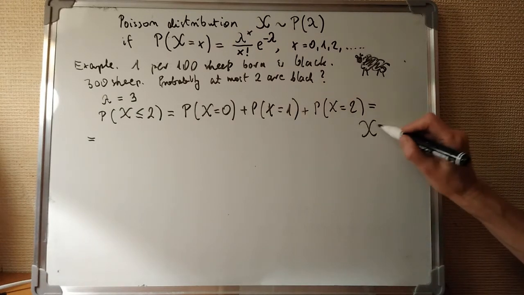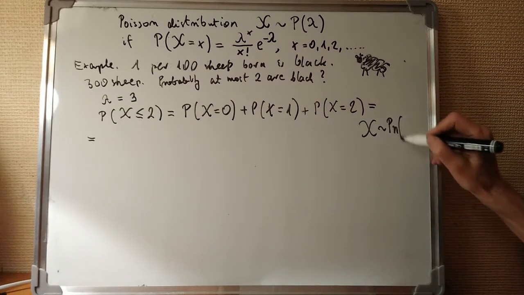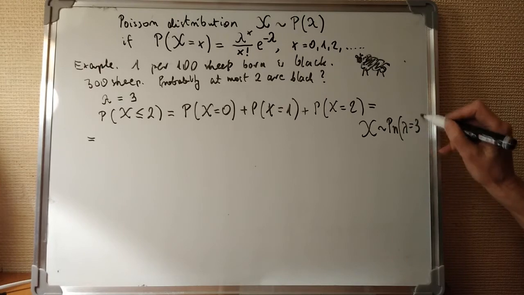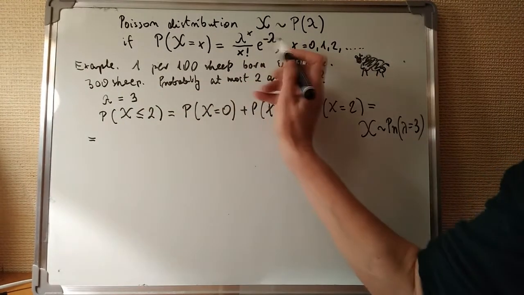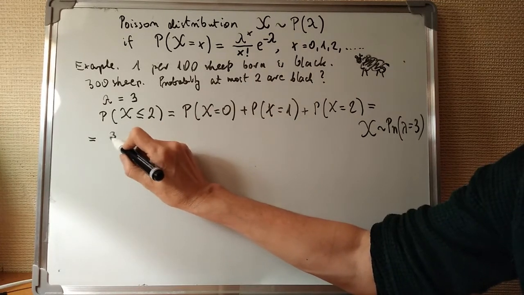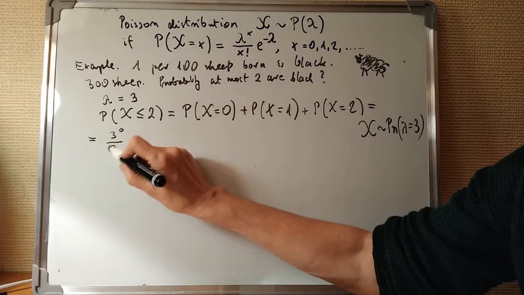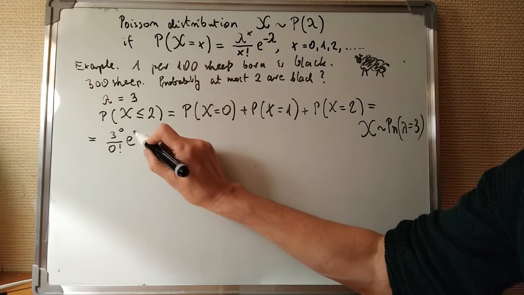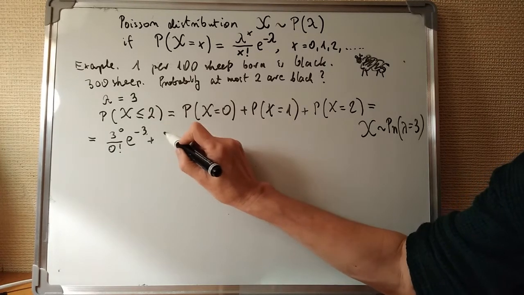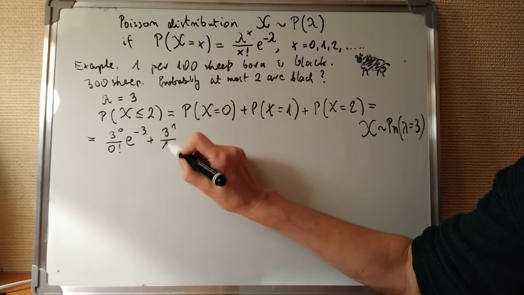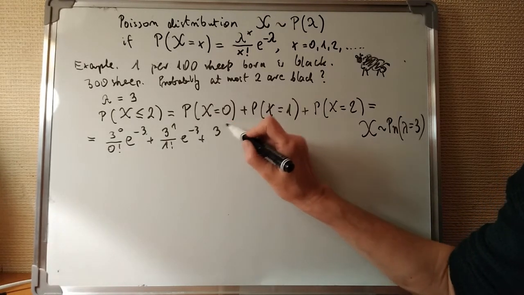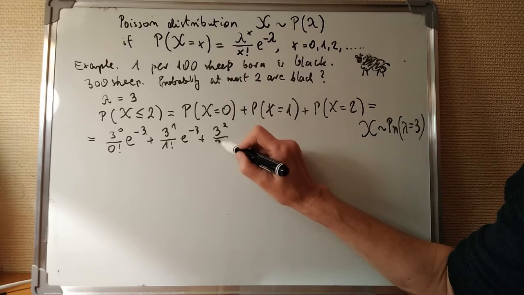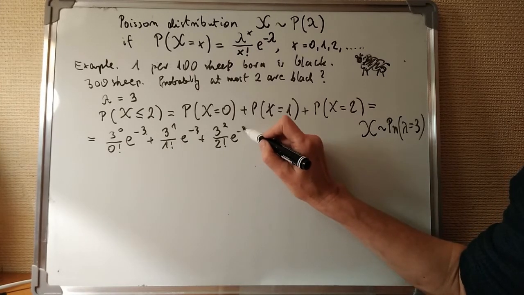We know that X has Poisson distribution with lambda equal 3. We substitute into the formula: 3 to power 0 over 0 factorial times e to minus 3, plus 3 to power 1 over 1 factorial times e to minus 3, plus 3 to power 2 over 2 factorial e to minus 3.